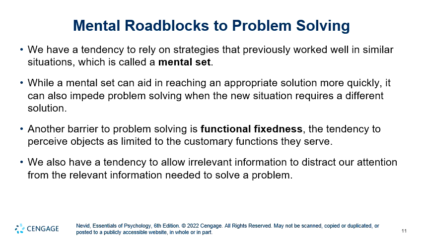So just remember, when we're talking about a mental set, we're looking at old solutions for new problems, and sometimes it's good, sometimes it's bad. Also, functional fixedness is seeing objects only for their usual purposes and not being able to go outside the box. Irrelevant information is getting distracted by details that don't help solve a problem in the first place.